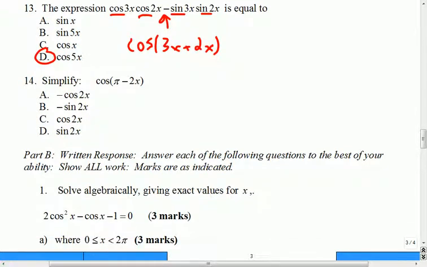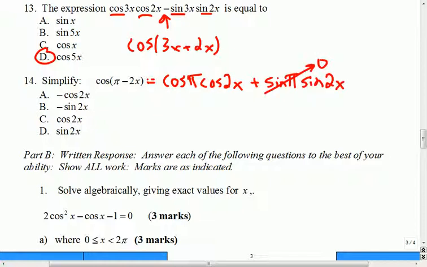For the next example, you're just going to have to expand it. So this would be cosine pi cosine 2x. The sign changes, so plus the sine of pi sine of 2x.